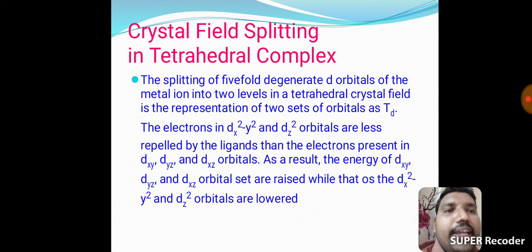Crystal field splitting in a tetrahedral complex. A tetrahedral complex is the opposite phenomenon to an octahedral complex. In this tetrahedral complex, T2 orbitals are excited, and E orbitals are lower energy. T2 orbitals have higher energy, E orbitals have lower energy in a tetrahedral complex.